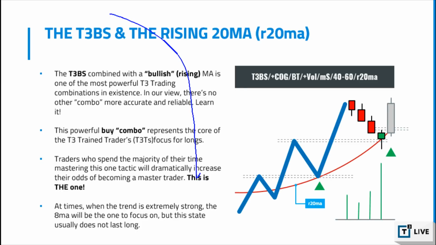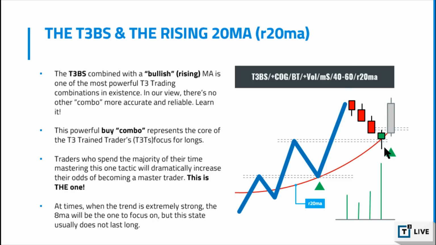Can you think of a single other pattern that is not a variation or a subset of the pullback pattern or the breakout pattern? I can't think of any. So there are almost only two patterns in existence, three with climactics being the third, because stocks can correct either through time by going sideways or through price by pulling back.